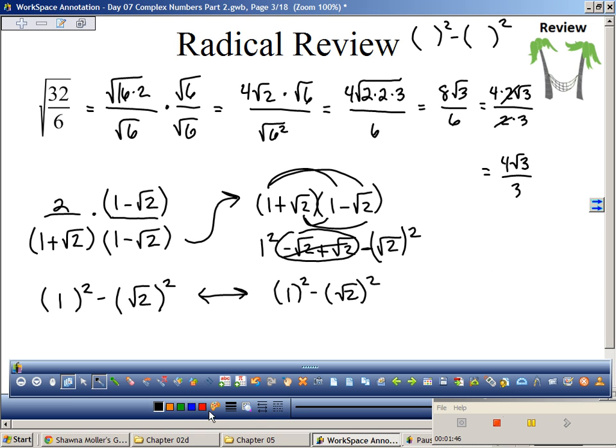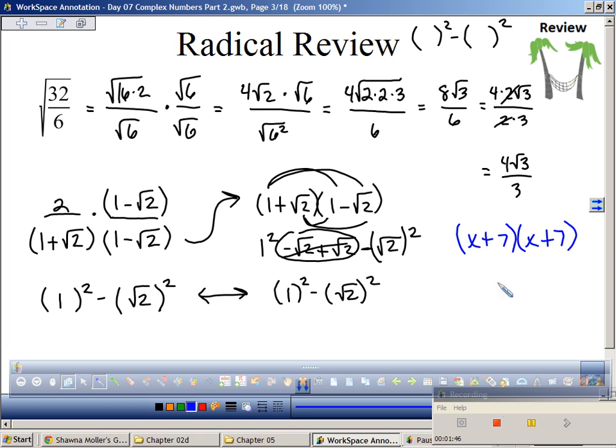Don't let questions at this point bog them down. What is this one? X squared minus 49, right? Or the difference of two squares where x and 7 are my numbers. See how I'm doing that?